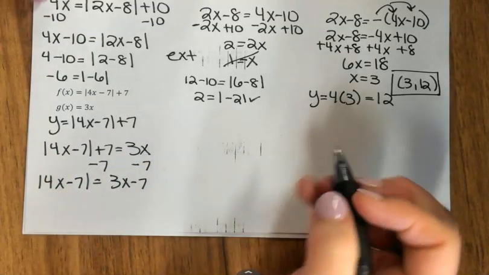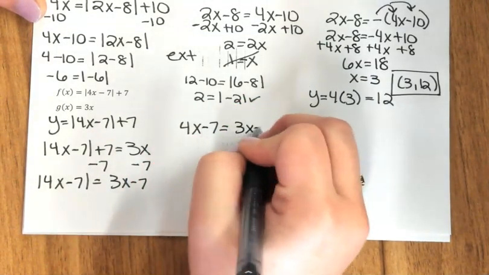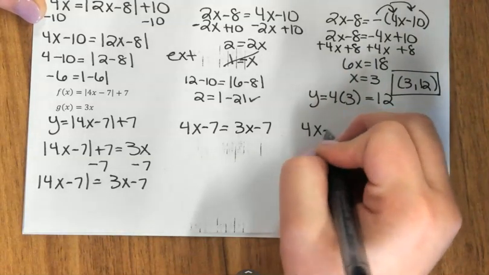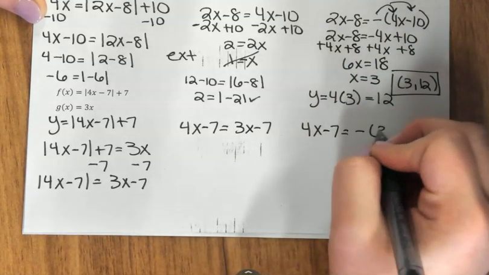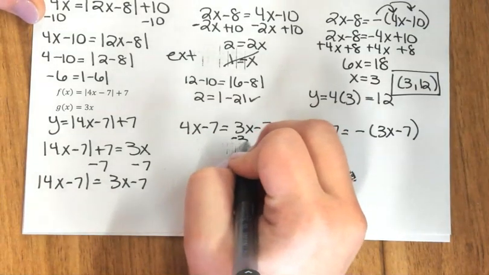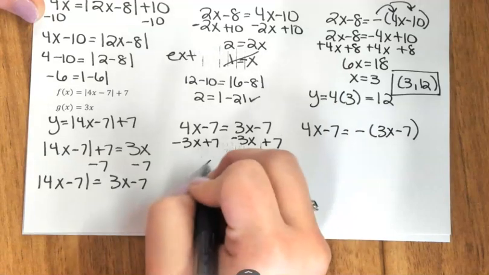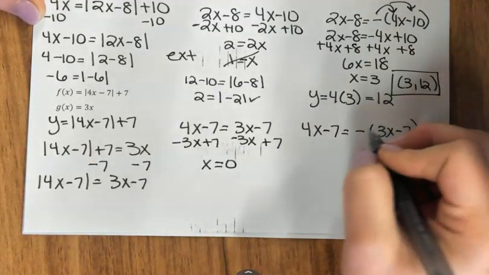Now I can solve this. 4x minus 7 equals 3x minus 7, and 4x minus 7 equals negative of 3x minus 7. More algebra stuff. X equals 0.